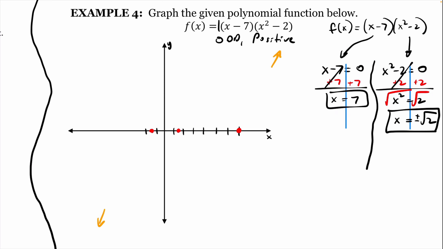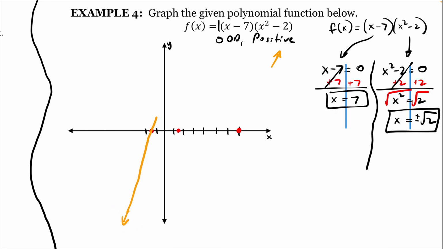So let's start from the left. The first dot, negative square root of 2. Is it going to bounce or is it going to pass through? Pass through, because I only got one of those guys. I got one negative square root of 2. So I'm going to go up. Then I got to come back down to hit the next one.